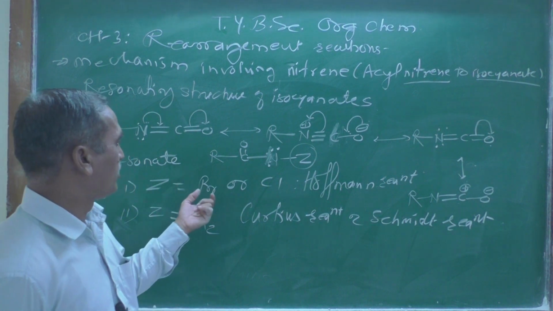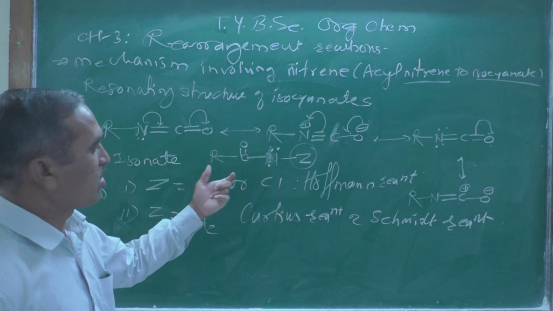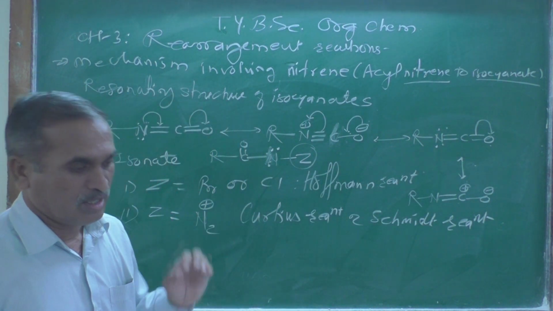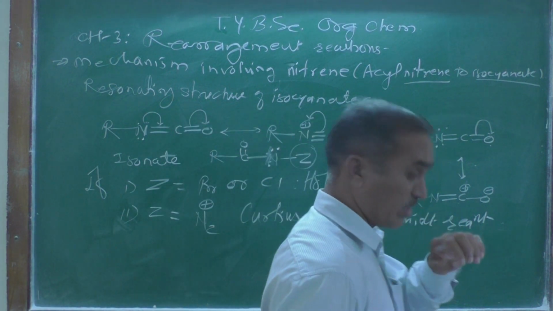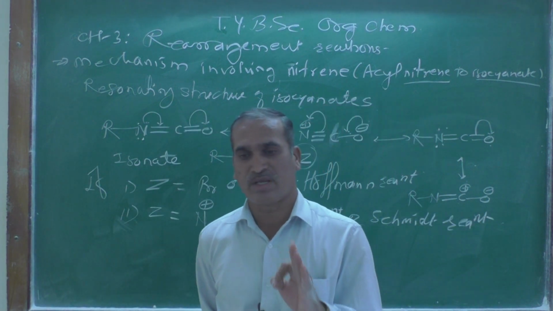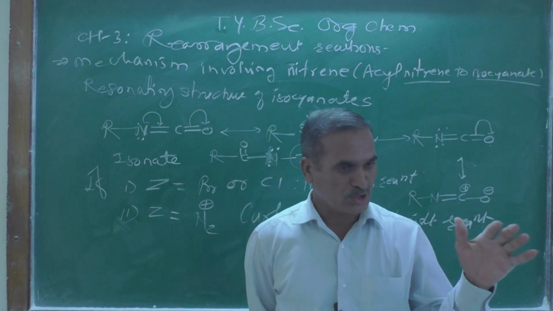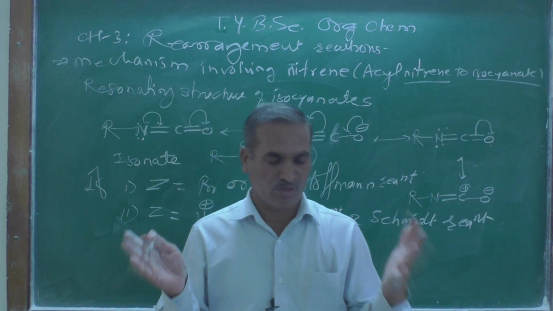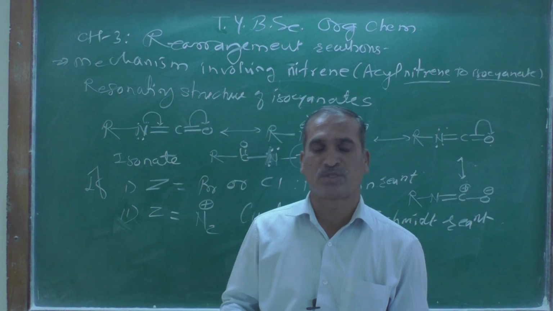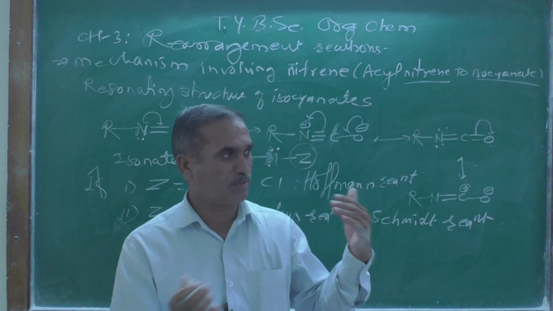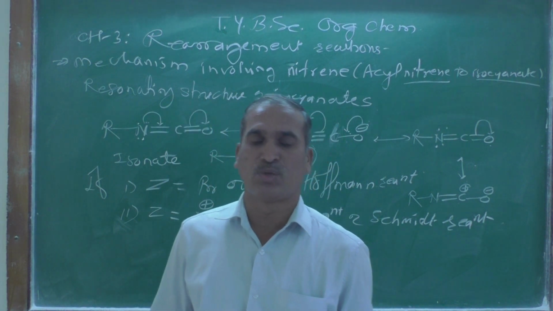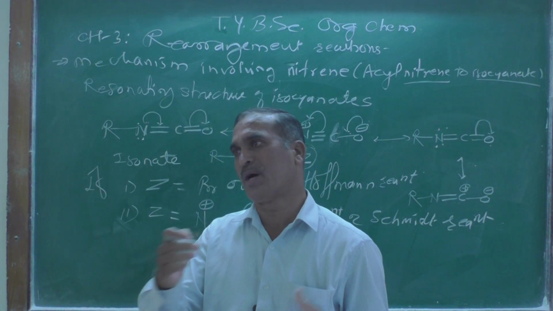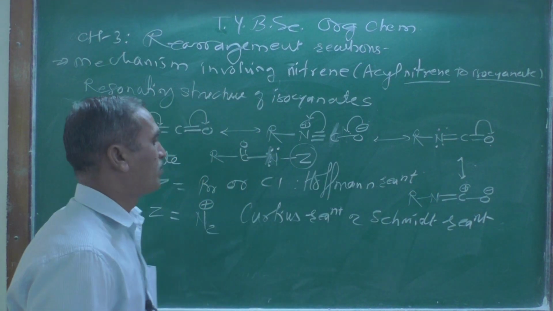Look here, if you take Z as Br or Cl, that is called the Hofmann rearrangement reaction, and just now we have seen that the Hofmann rearrangement reaction is used to shorten the carbon chain. So if you have a carboxylic group, it can be converted into an acyl group, then into an amide, and the amide can be converted into an amine by using this Hofmann rearrangement.